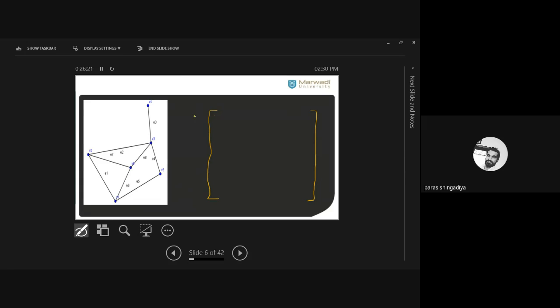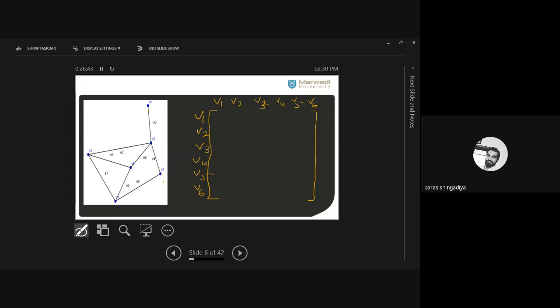So here we'll use it to check the answer also. Just mention the notation here, V1, V2, V3, V4, V5, and V6, clear? Now what you have to do is create a first row, second row, and so on.